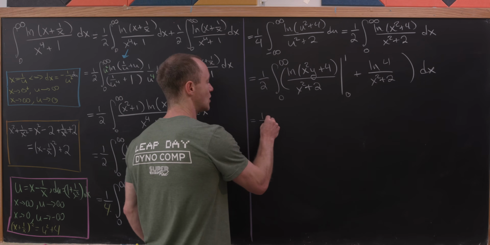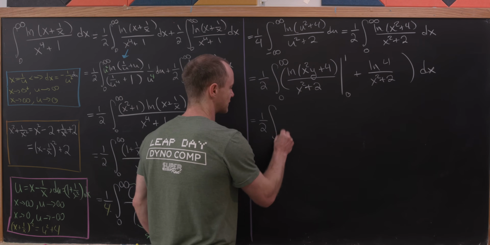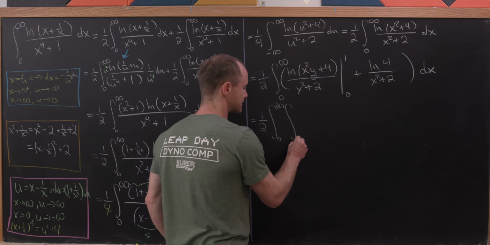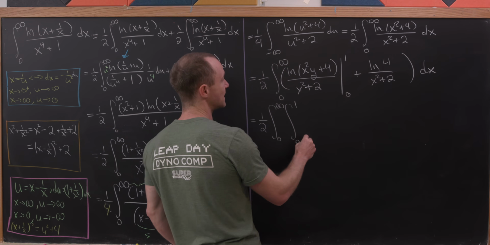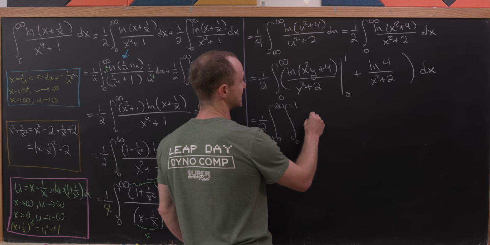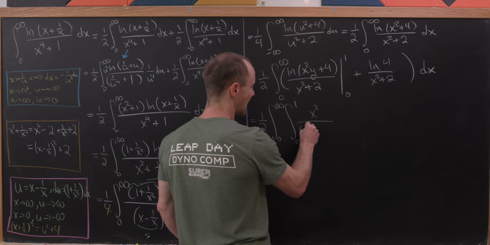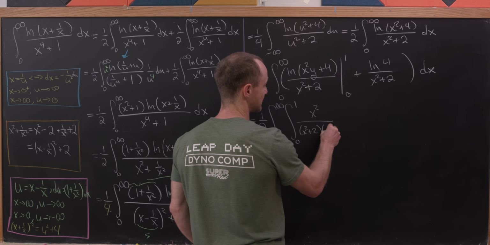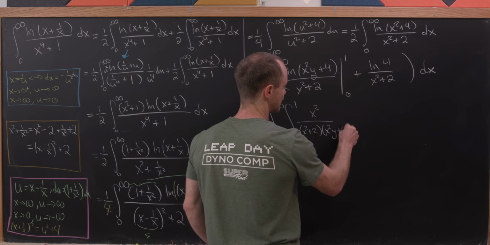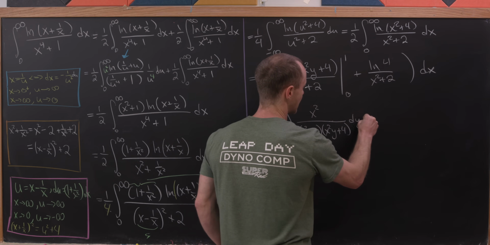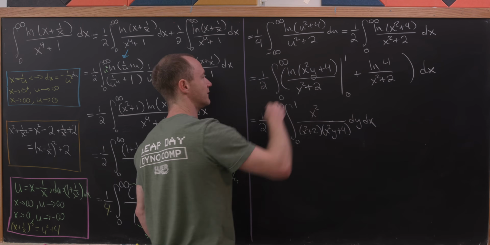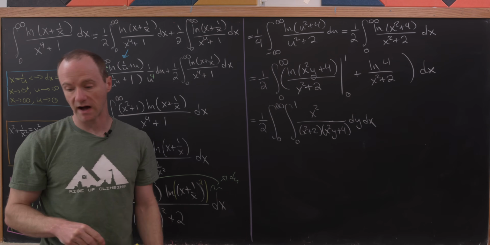So this is going to be 1/2, and then the integral from 0 to infinity, and then the integral from 0 to 1 of, let's see, it's going to be x squared over x squared plus 2 times x squared times y plus 4, and then dy dx. That's from taking the derivative of this with respect to y.